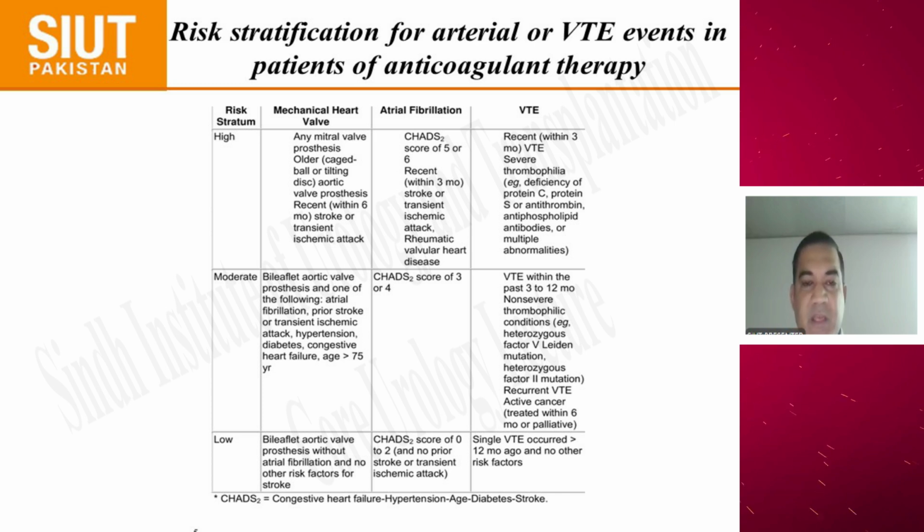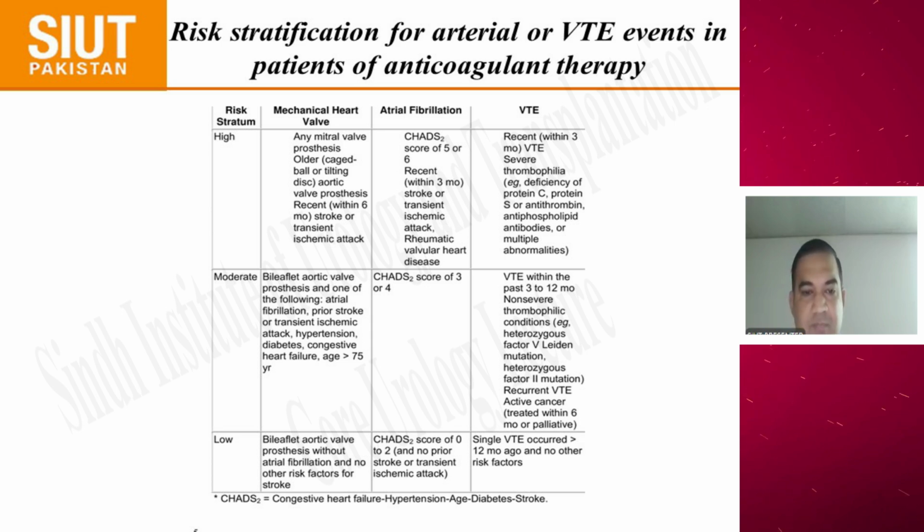Moderate risk group: bileaflet valve prosthesis and one of the following: atrial fibrillation, prior stroke or transient ischemic attack, CHADS score of 3 or 4, a venous thrombotic event within the past 3 to 12 months.